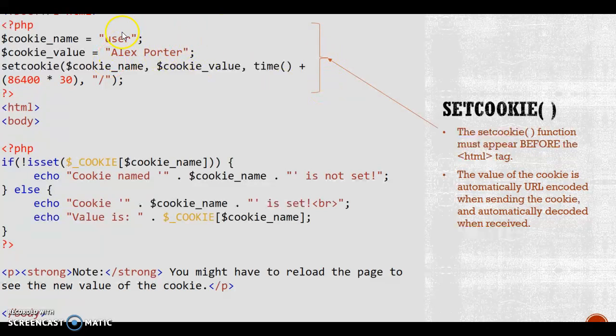So I don't think it matters really where it's set. I think it just depends on what your needs are. But the value of the cookie is automatically URL encoded when sending the cookie and automatically decoded when received.